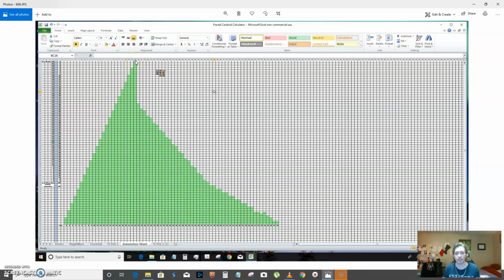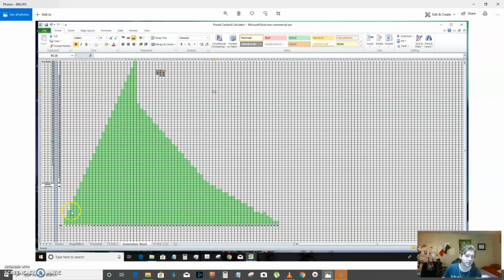This was for 70 pick 2. And I hope to be able to extrapolate the size of the largest geometric class without having to calculate it directly in this way, but I might have to do that anyway. We're just going to have to see.